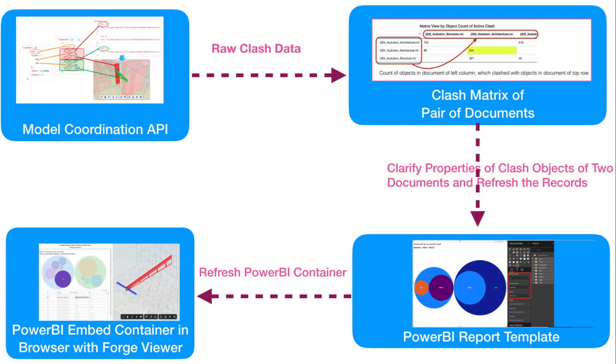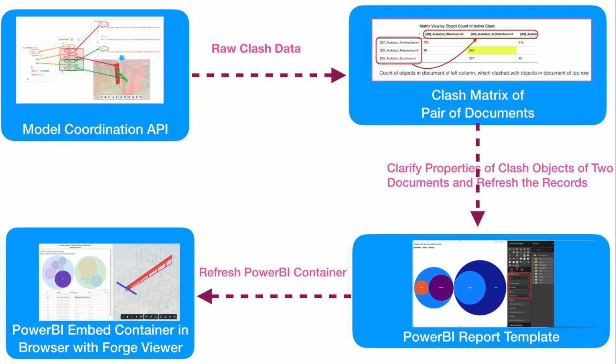After the records are injected into the PowerBI template, the embedded container of PowerBI in the web browser can be refreshed with the new records. Now the magic happens. And as I said, PowerBI can analyze the data automatically. The bubble chart will present the clash by types, clustered by the two documents.